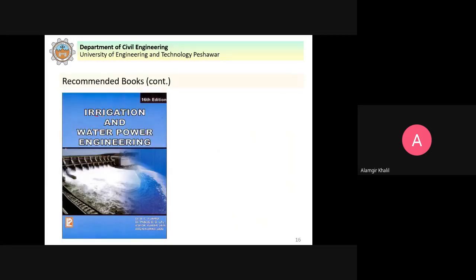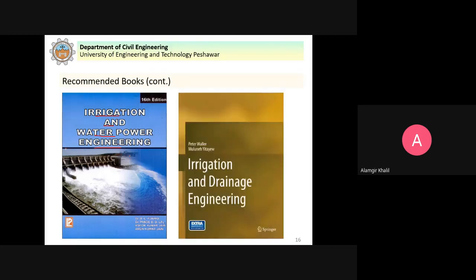Next good book is Irrigation and Water Power Engineering by Punmia. And another book is Irrigation and Drainage Engineering. This is also a good book. It's published by Springer. You can download this from the internet sources.